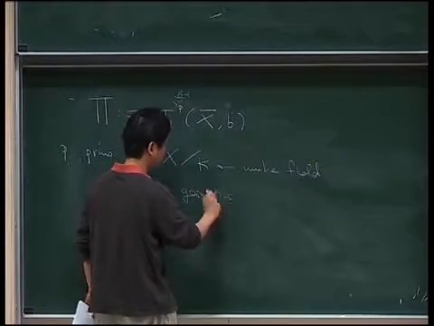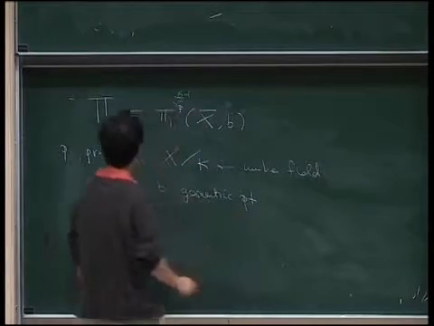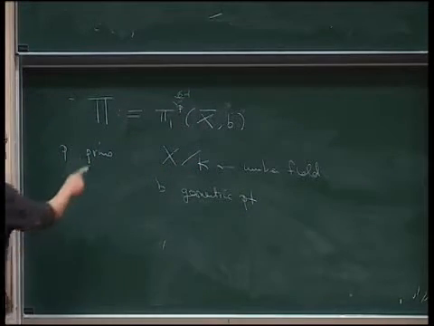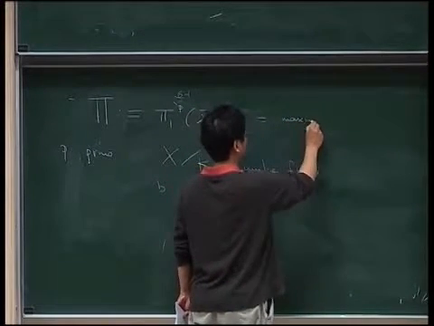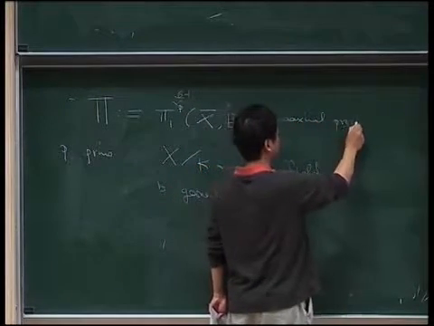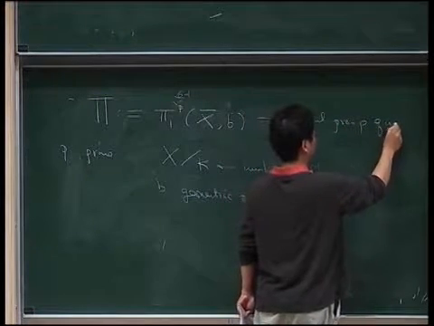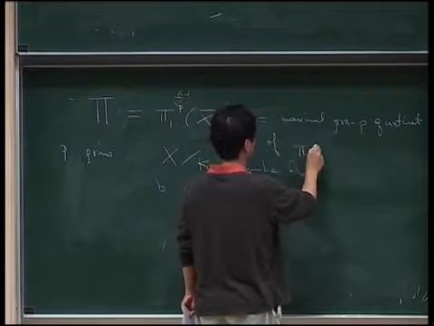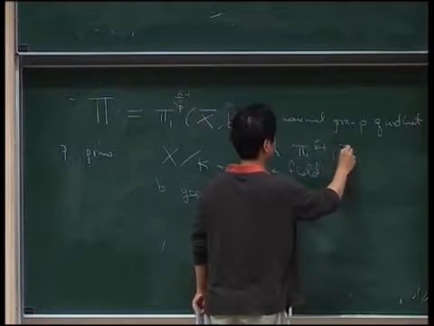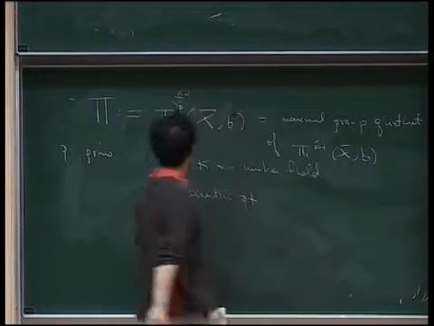A lot of the time rational. And this, of course, refers to the maximal pro P quotient of pi 1 to tau x bar P. Okay.